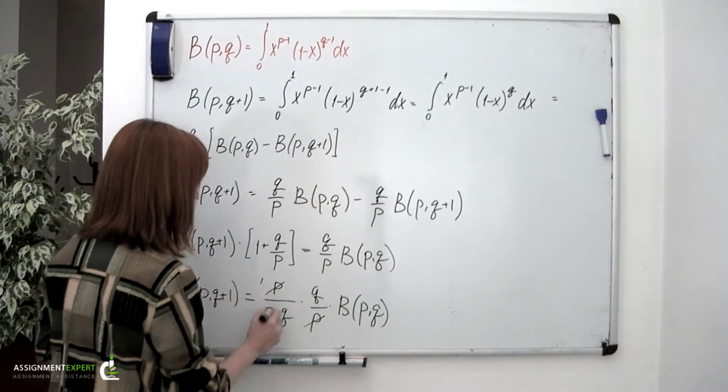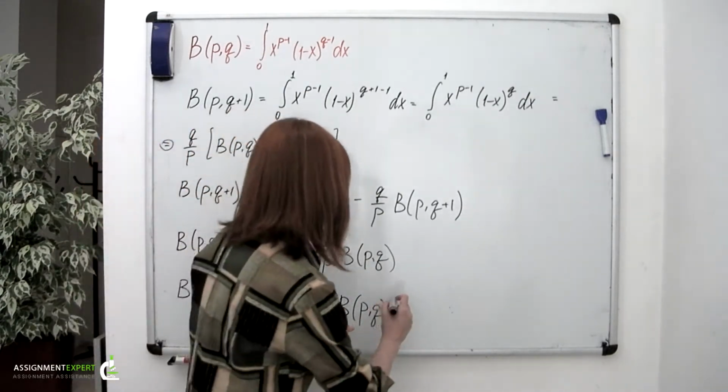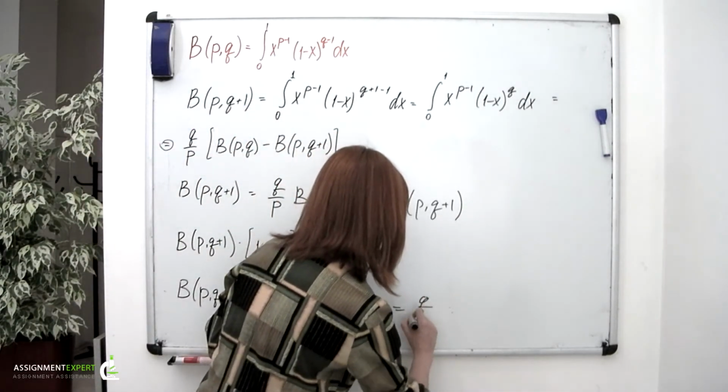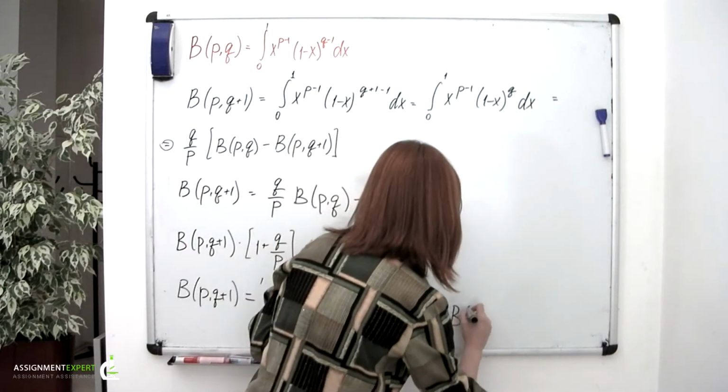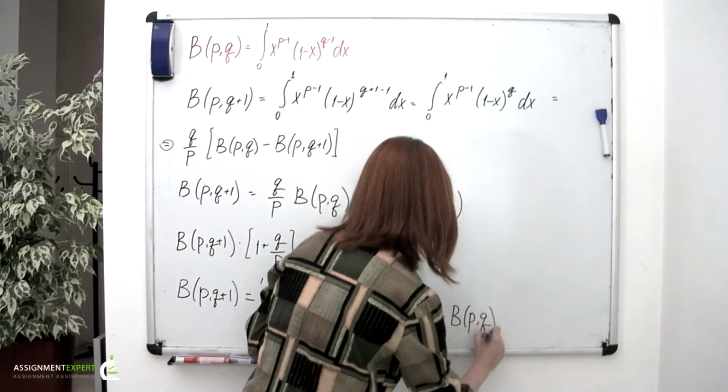These factors cancel out. And so we obtain q over p plus q times beta of p and q. And that's it.